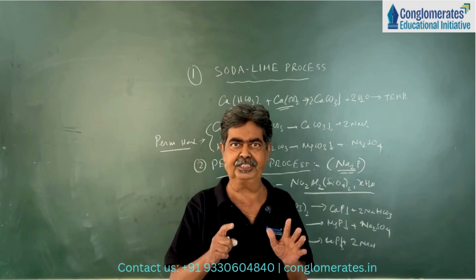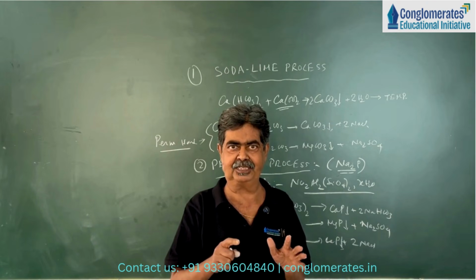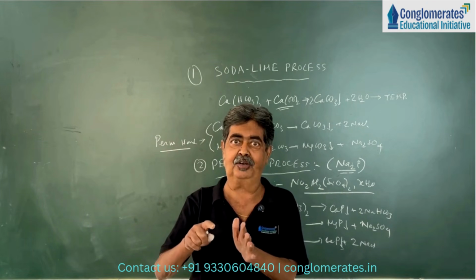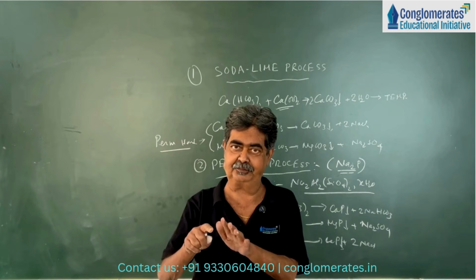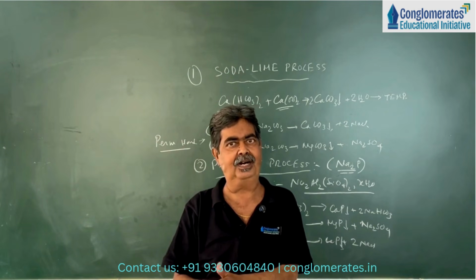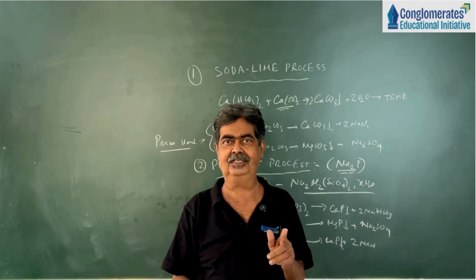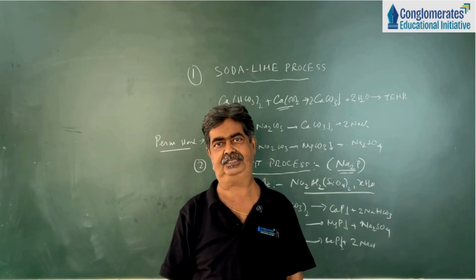Similarly, sodium permutit removes soluble calcium chloride, magnesium chloride, calcium sulfate, magnesium sulfate as calcium and magnesium permutit precipitate. So those ions are removed from the hard water and it becomes soft.